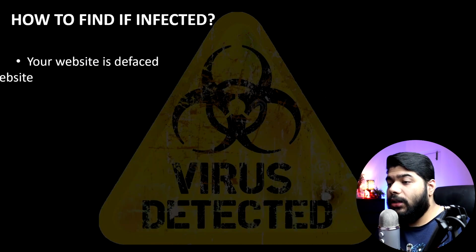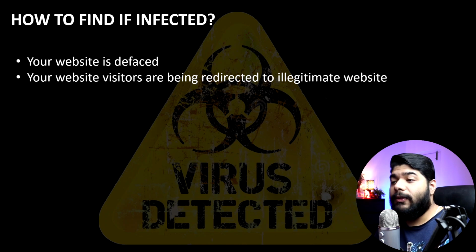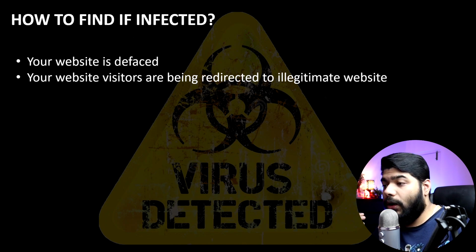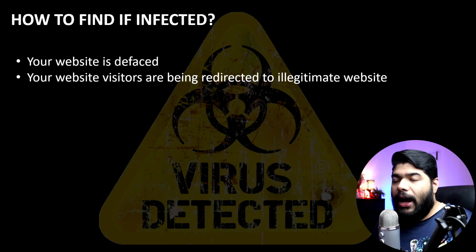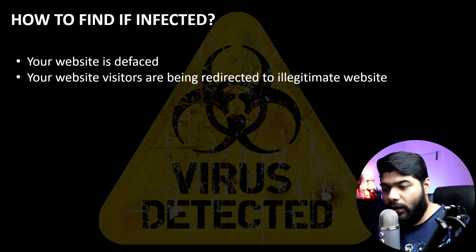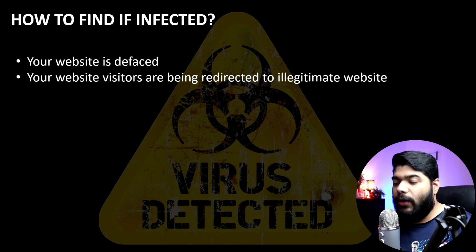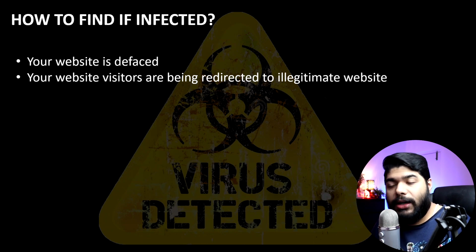Moving on to point number 2, your website visitors might be redirected to an illegitimate website. What does that basically mean? Let's say I am running BlackPerl.com, and my visitors want to come and visit BlackPerl.com.